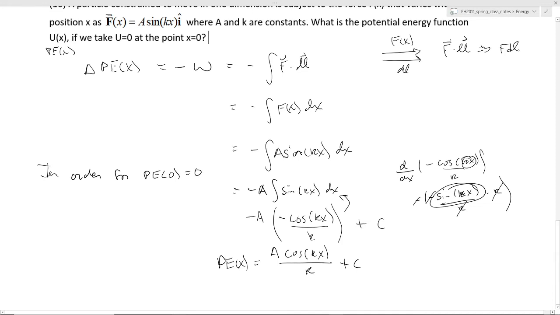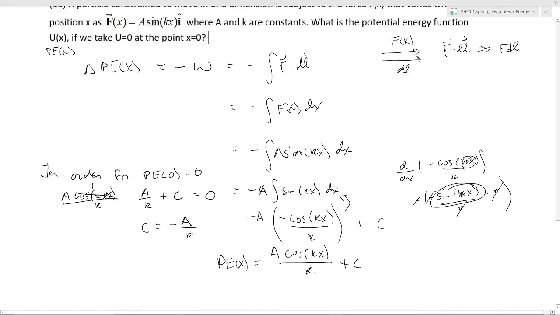Well, cosine kx is going to become cosine of k times 0 over k. So in other words, cosine of 0 is going to turn into 1. So we're going to have a over k plus c has to equal 0. The only way that that can happen is if c equals negative a over k.